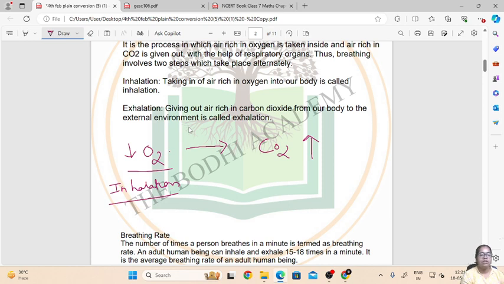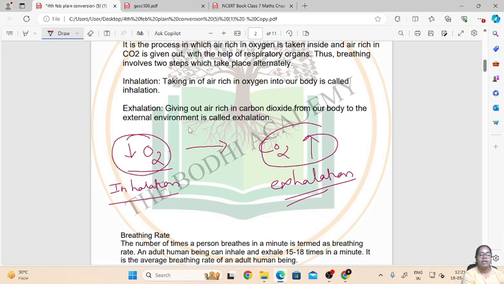And exhalation is the process of giving out air rich in carbon dioxide from our body to the external environment. Inhalation is the process of taking in oxygen.